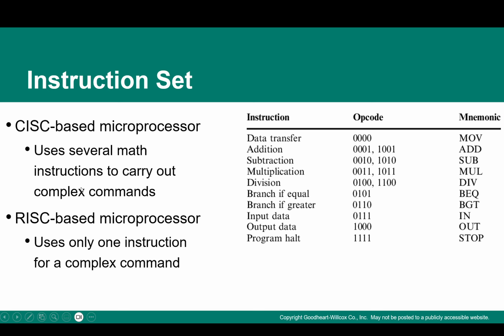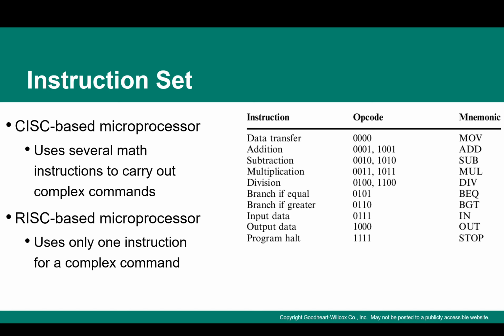So it will take longer to complete the instructions. That's what this sentence means: uses several math instructions to carry out complex commands. Whereas RISC uses only one instruction for a complex command, which means it only executes the instruction in one computing cycle.